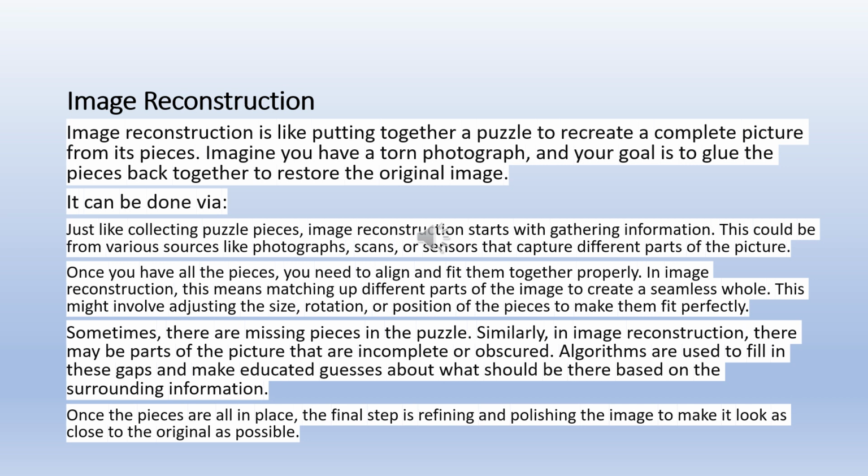Sometimes a piece is missing in the puzzle. Similarly, in image reconstruction there may be parts of the picture that are incomplete or absent, so various algorithms are used to fill the gaps by learning from the surrounding pieces and filling that place.